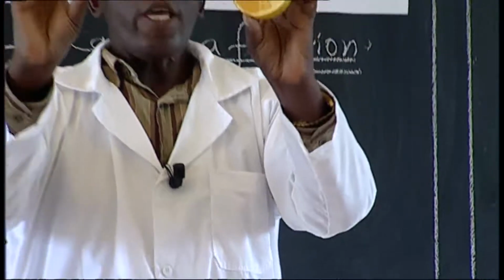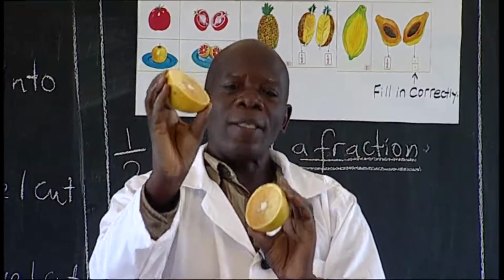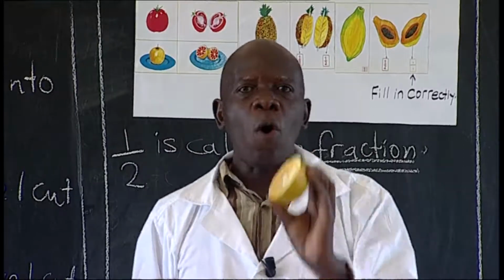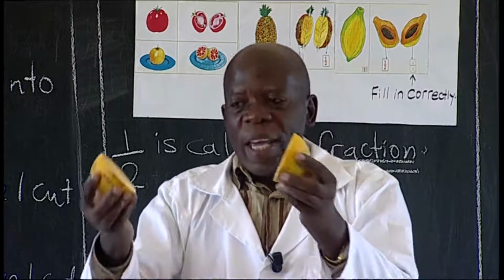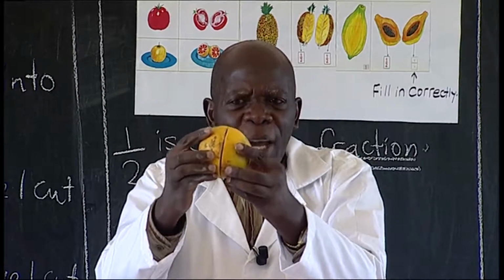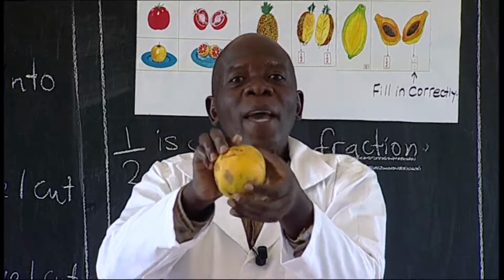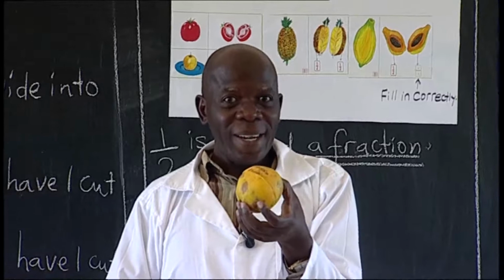These are two equal parts. This part is equal to this part. And therefore, when we bring them together, my dear friends, they are going to make one whole orange. Is that clear, children?